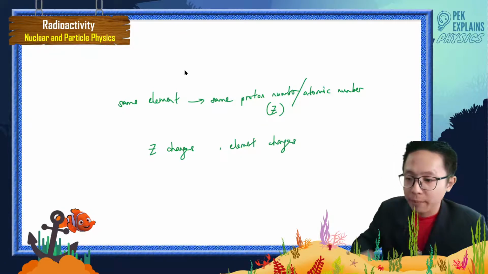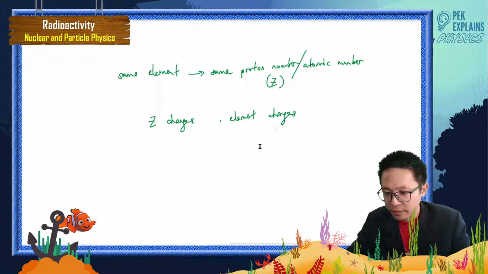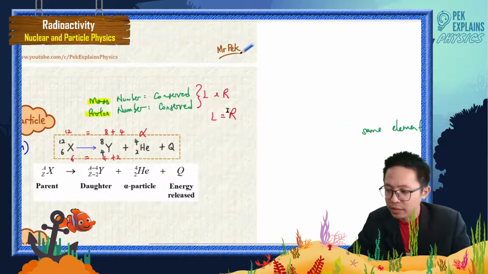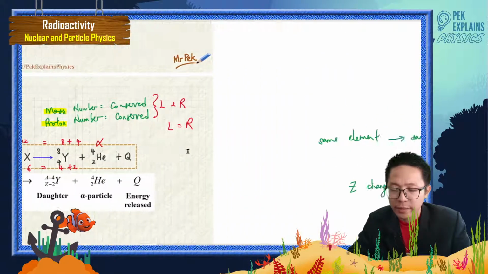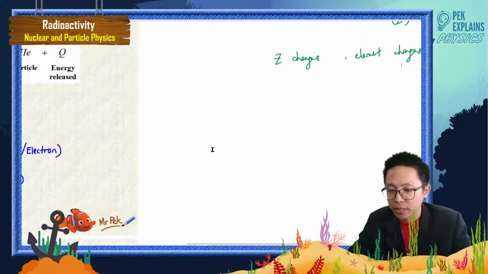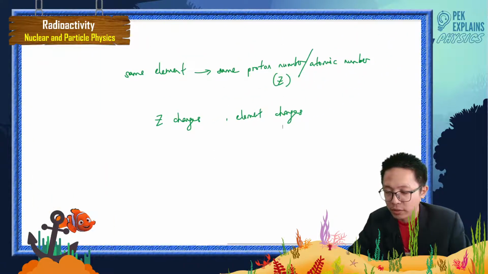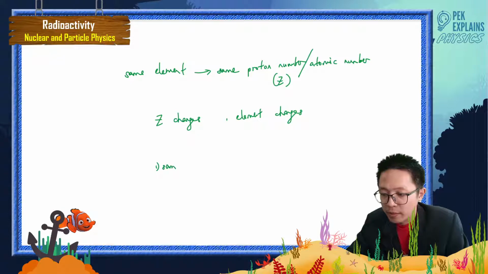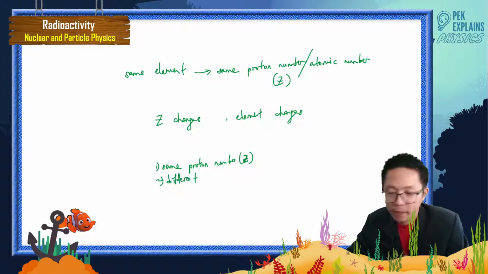Understand or not? But what if different mass number? Different mass number, same proton number. If we have the same proton number Z, but you have a different mass number, which is the A. This one you must know.